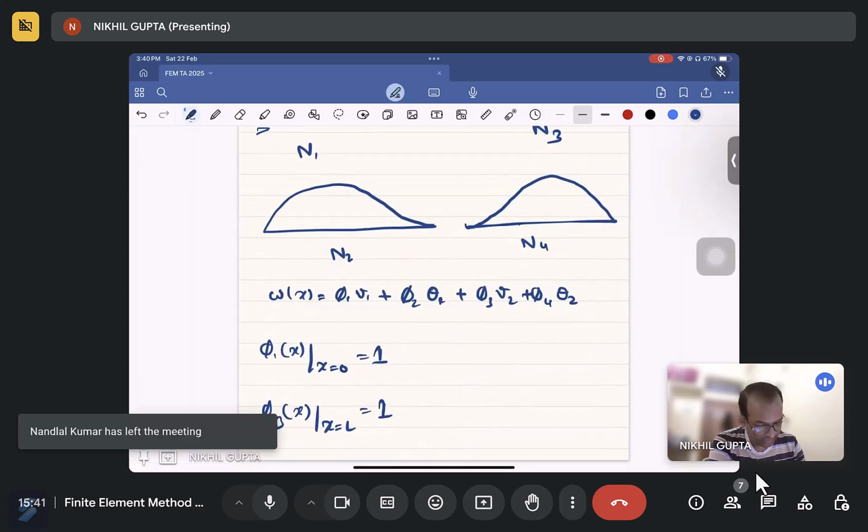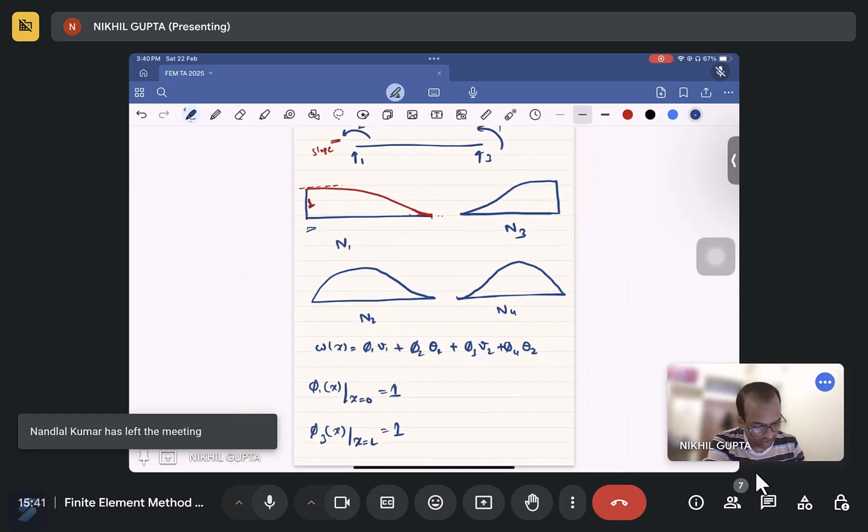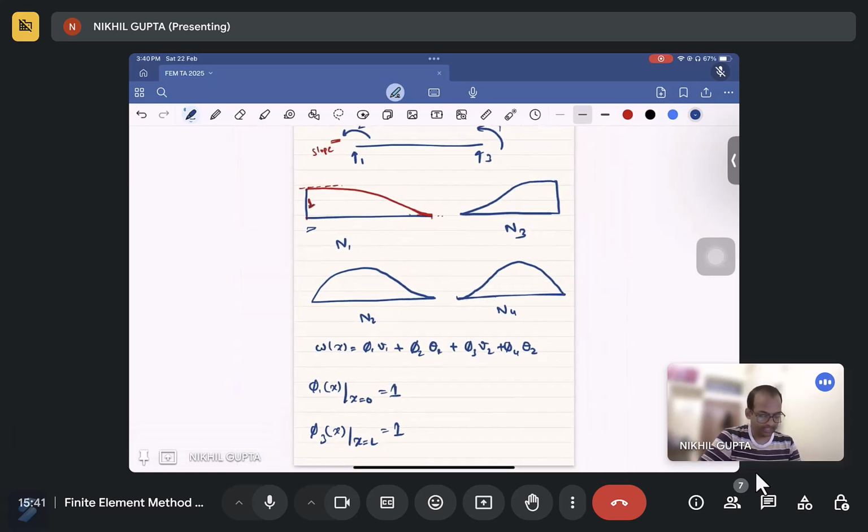Understood what I have written? I just wrote the boundary conditions according to n1 and n3. Here n1 and in the question n1 is phi 1 and phi 2. I hope you got it. Now you know this slope is 0 at x equal to 0. So what will you write?